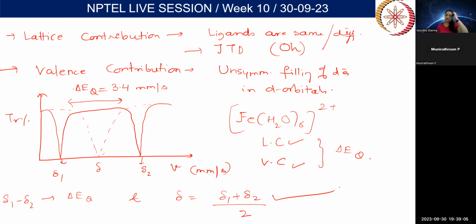So the question is, why are we splitting that one peak into two? Because we saw in the case of iron 57, we have two main states. One is 3/2, the other is 1/2. That's the ground state, and this is the excited state. Out of the two, which one is having a non-spherical nucleus? Is it the ground state or the excited state? The excited state, ma'am, 3/2.